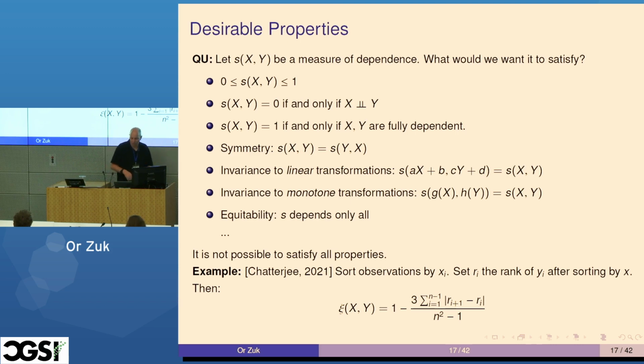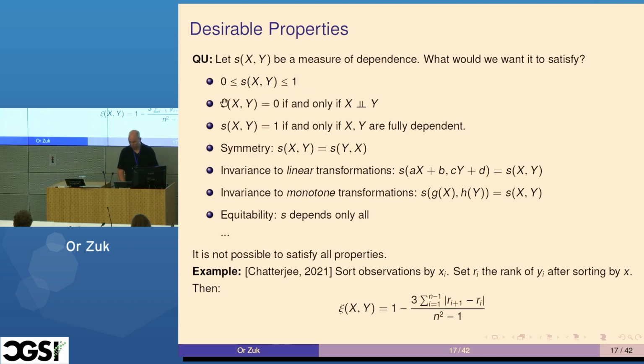So these are some properties that people say are desirable. For example, if we want the measure to be something like correlation squared, like R squared, we want it to be between 0 and 1. There is a question of whether we want it to capture the sign or not, but when you have nonlinear dependency, it's not always clear what the sign even means. And you want it to be 0 if and only if they're independent, so any dependent pair should give a positive value.